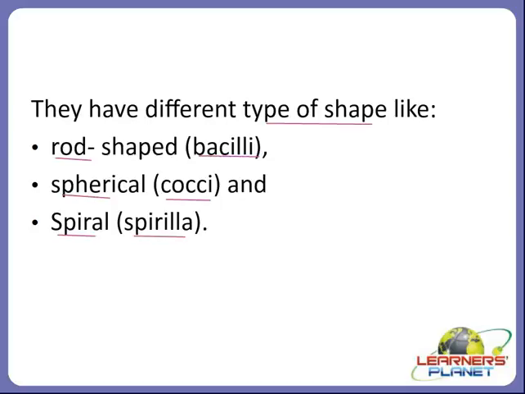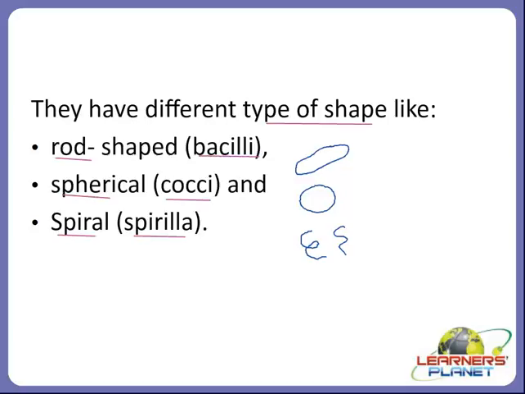You can think of these particular shapes. If we are saying it is rod shaped or bacillus, then the appearance is a rod, a cylindrical shape. Whereas spherical means round. Spiral shaped or spirilla is somewhat like this, a kind of spring structure where spirals are observed.